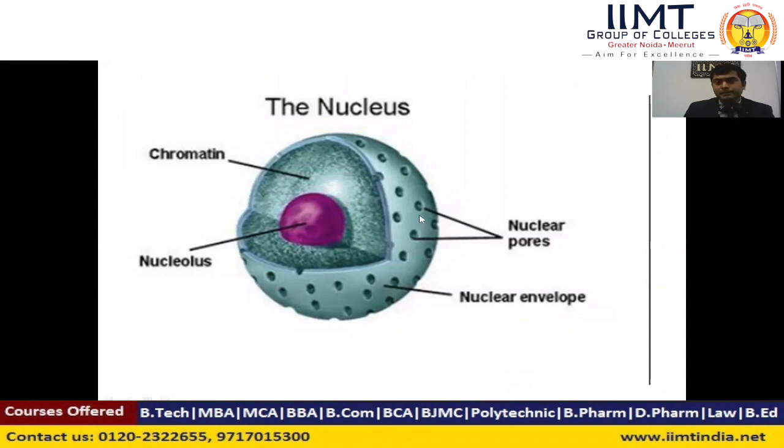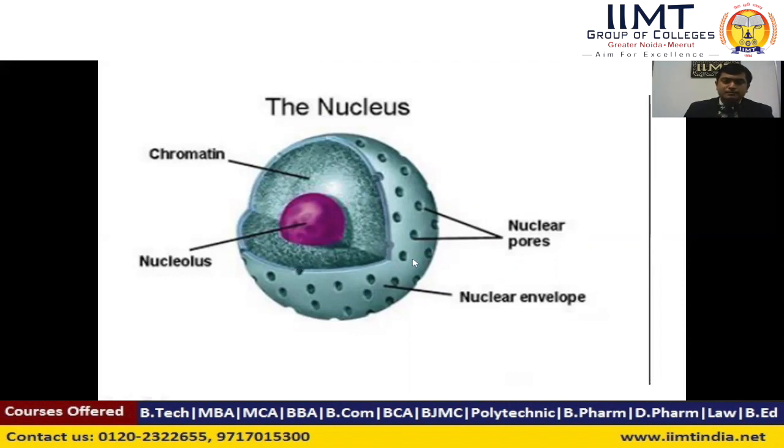The nuclear membrane possesses tiny, small pores. These pores are known as nuclear pores. What these nuclear pores do is restrict the movement between the cytoplasm and the inside of the nucleus.